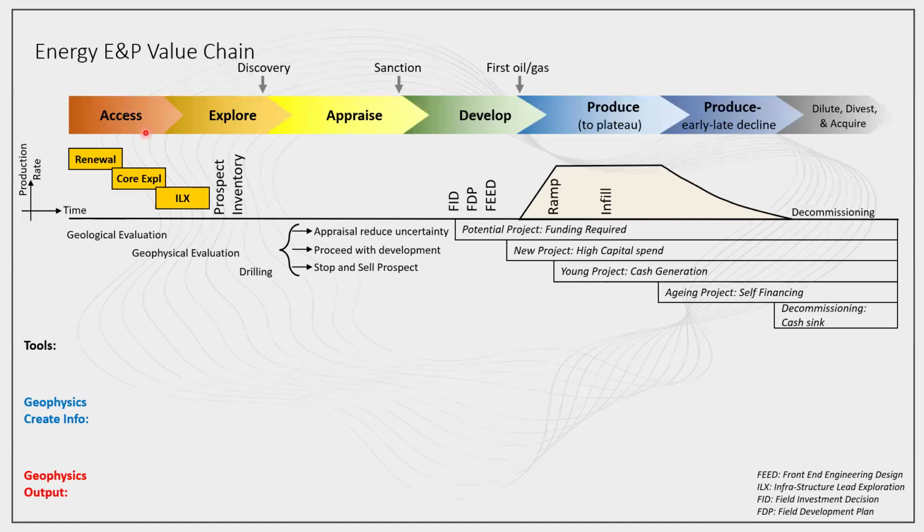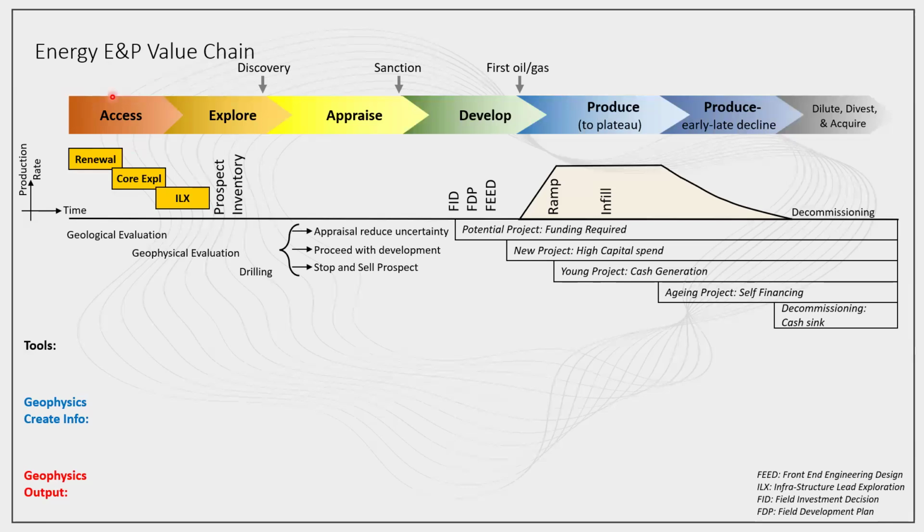So the access is when we are looking for the right opportunity that meets the investor agenda. The investor has his own business decision, and that agenda has to match the opportunity that we have in the area we are looking at.